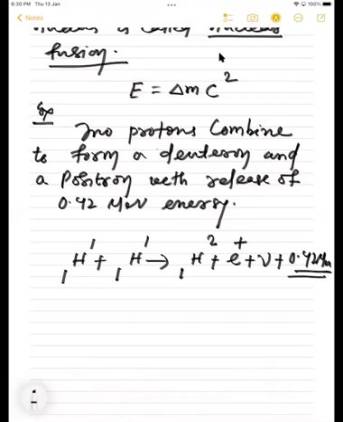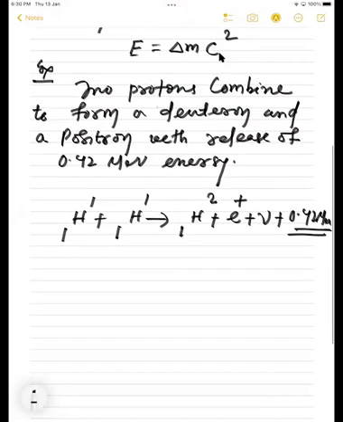Similarly, students, there are other examples. Two deuterons combine to form a light isotope of helium and a neutron, or a triton and a proton. Okay. So let's take another example, two deuterons.